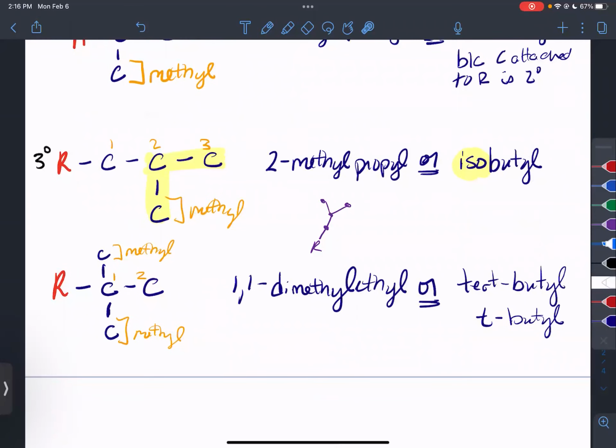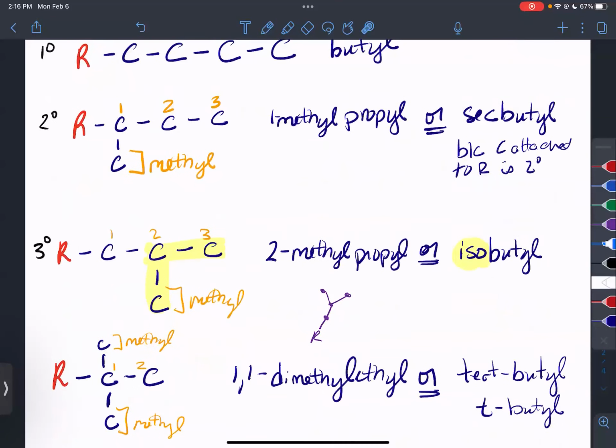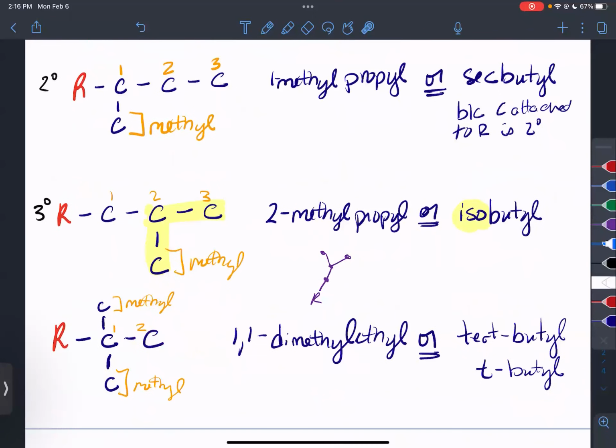Lastly, I could take either one of my secondary or tertiary and take that third carbon and move it, right? So if I take this third carbon and I move it to position 1, then that's tert-butyl, because I'm going to have a carbon.